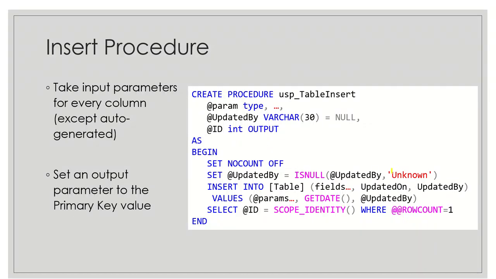So we could set it to unknown if they have a null value, or we could assign it to the current logged in user. And then we could use today's date and the updated by to fill in those values in the table. Now my employee table doesn't have them, so I'm not going to shoehorn those fields into my existing table. I would only include them if they were part of the table.